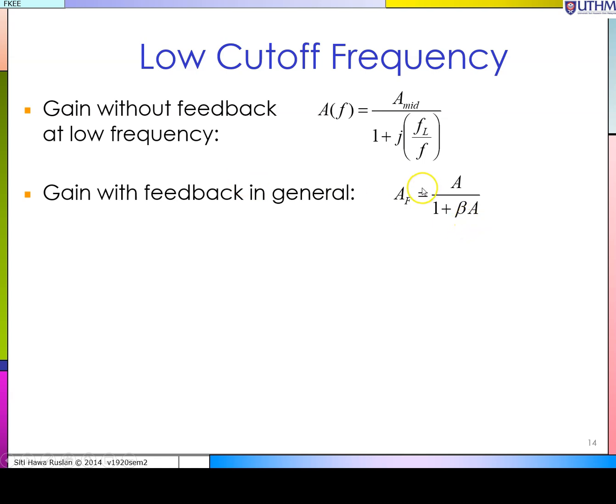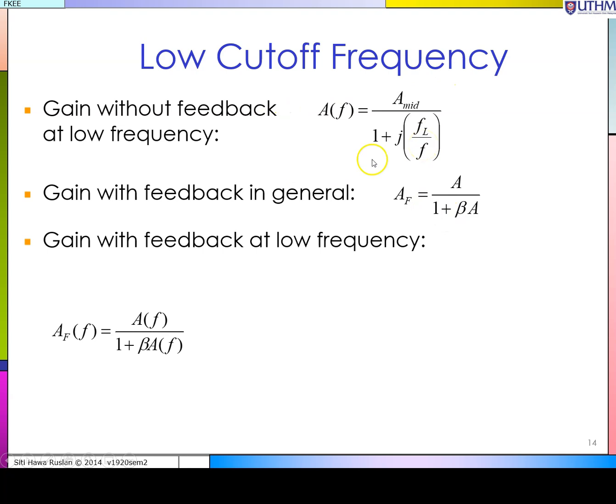And we know that with feedback, AF, the A will be divided by 1 plus beta A. So if we apply a negative feedback to this circuit, we can simply write that A is also a function of frequency.